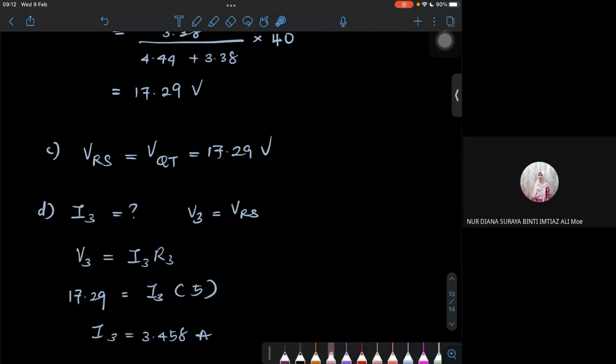But I encourage you to use potential divider, because it's very easy.